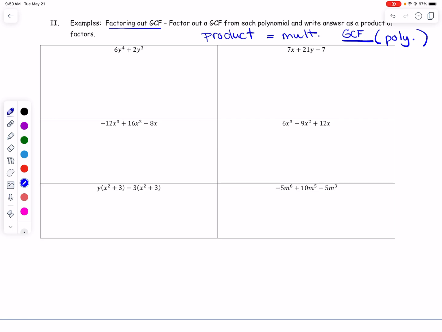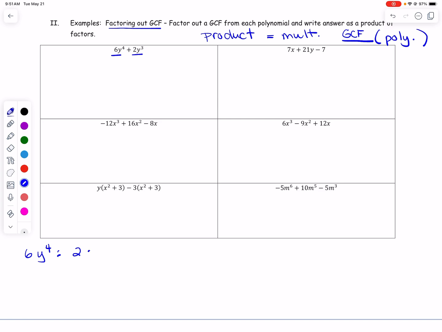So ideally what you want to think of is the largest number that divides into 6y to the fourth and 2y to the third. And so what I usually do, when I'm teaching this in the beginning, I will take 6y to the fourth and I will factor it.